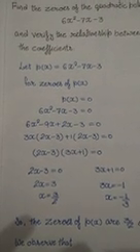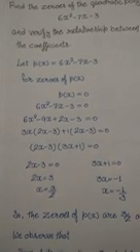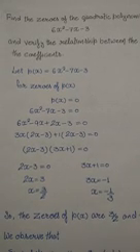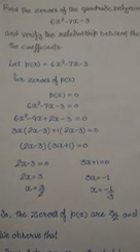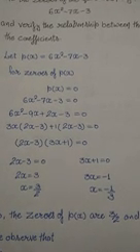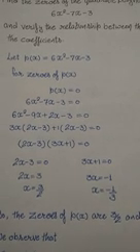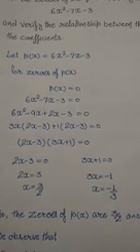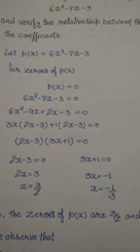First of all, we have a polynomial 6x square minus 7x minus 3. We want to find the zeros. So for zeros we put p(x) equal to 0, so 6x square minus 7x minus 3 equals 0.